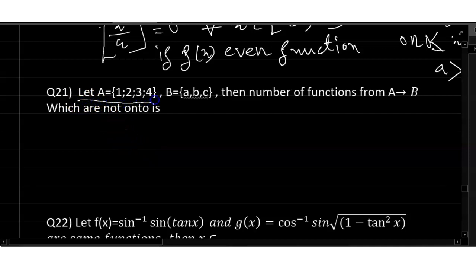Let A equal to {1, 2, 3, 4} and B equal to {a, b, c}, then the number of functions from A to B which are not onto.